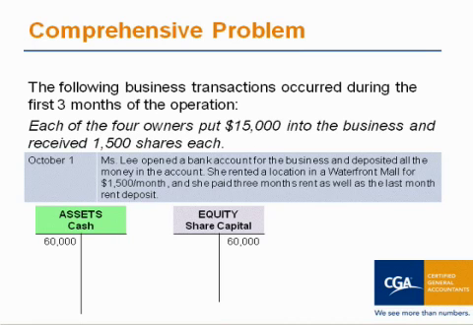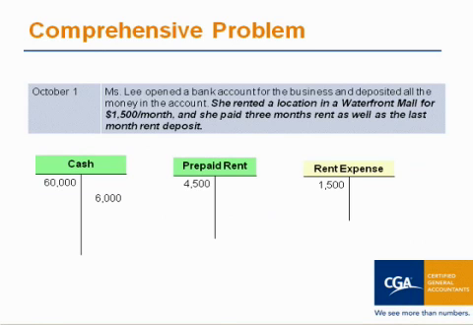So asset category, we deposited $60,000 into the bank. But we've also issued 1,500 shares each to the 4 owners, who each paid $15,000, and we're going to record in our equity account share capital a credit of $60,000. So that's the first task started.